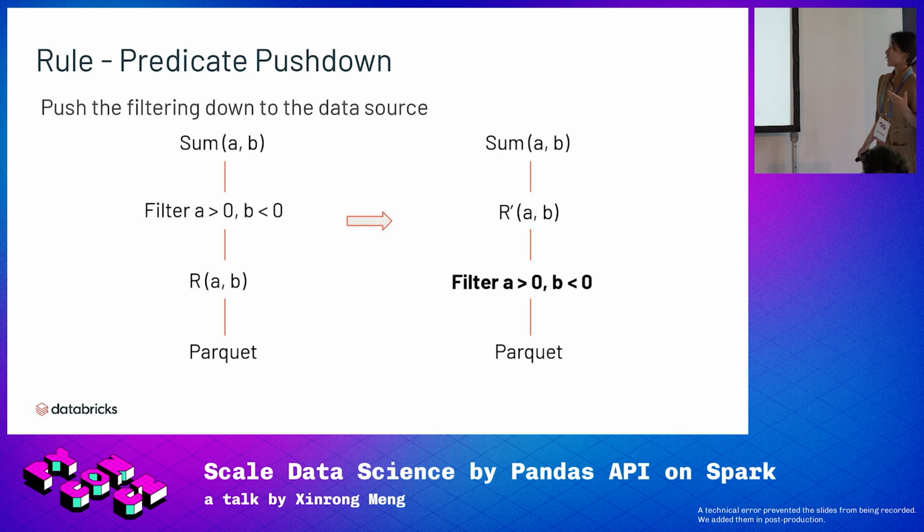The second rule is predicate pushdown. That rule moves the filtering operations closer to the data source. So in this scenario, we read a table R from Parquet files, and the table has 2 columns, A and B. We do filtering against the columns, then we get the sum of both columns. The predicate pushdown will push the filtering closer to the data source.